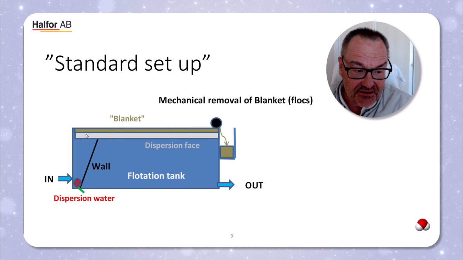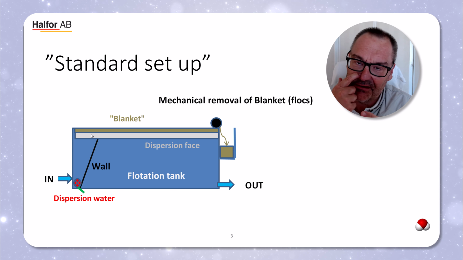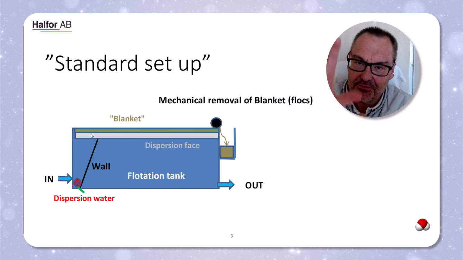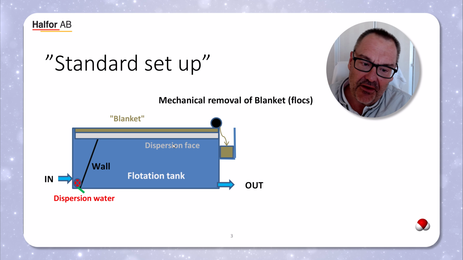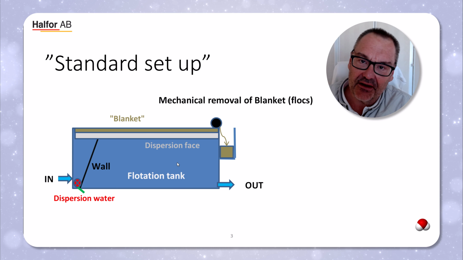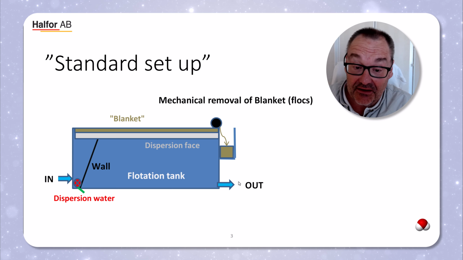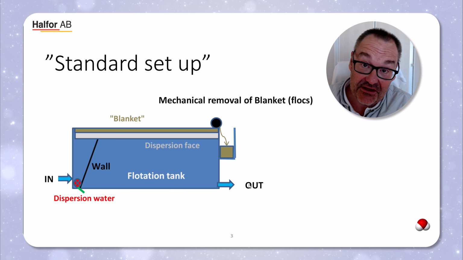Just beneath that blanket, you see a dispersion phase, which is kind of milky, a mixture of flocks and dispersion water. Below these layers you have the clear water, which is your treated water that you take out at the bottom of the flotation unit.